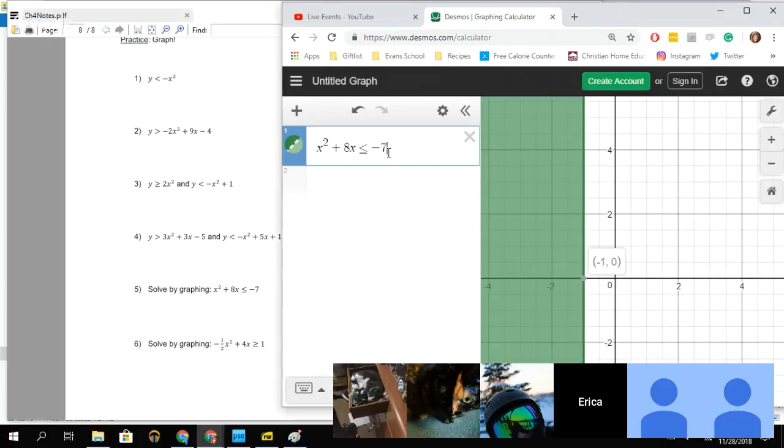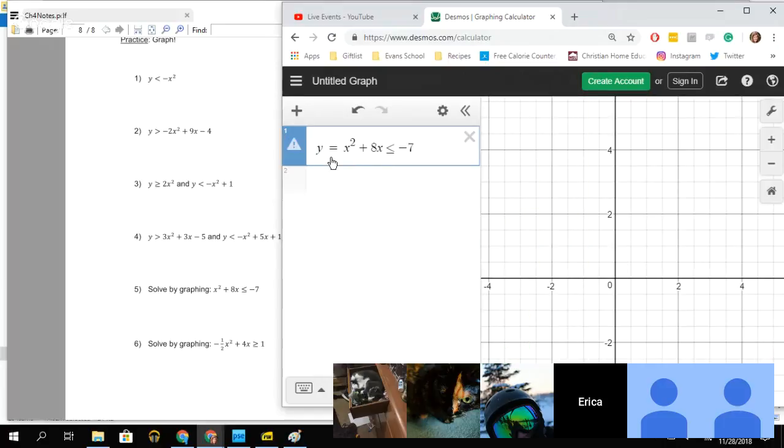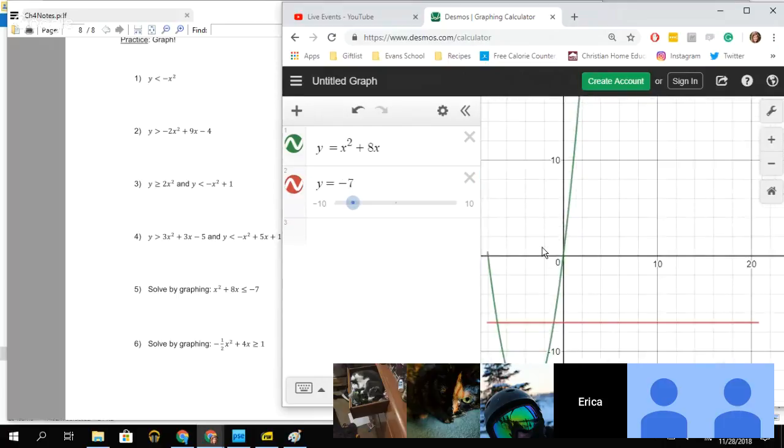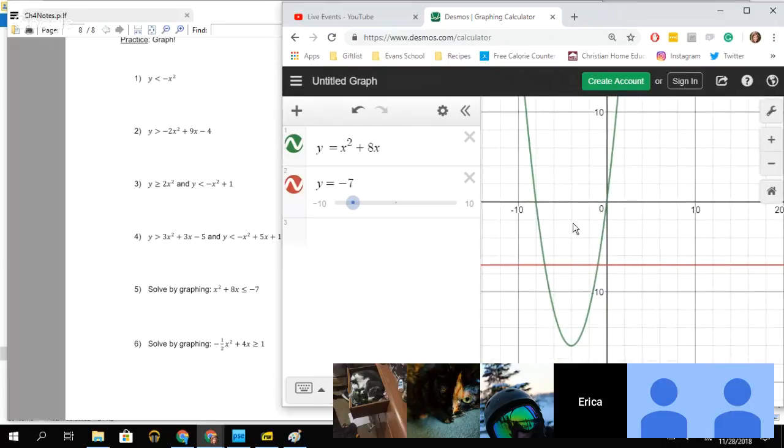Nope, it doesn't know how to graph that. So let's just type this in as the two sides of the equation. That's what I thought we needed to do. So one's going to be y equals x squared plus 8x, and the other side is going to be y equals -7. Okay, and I think I need to zoom out a little bit. Here we go.